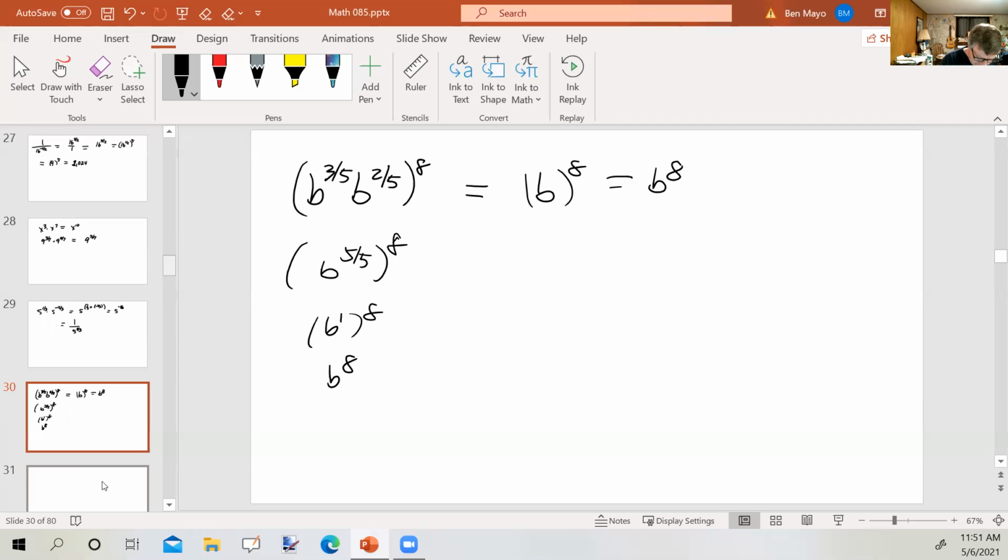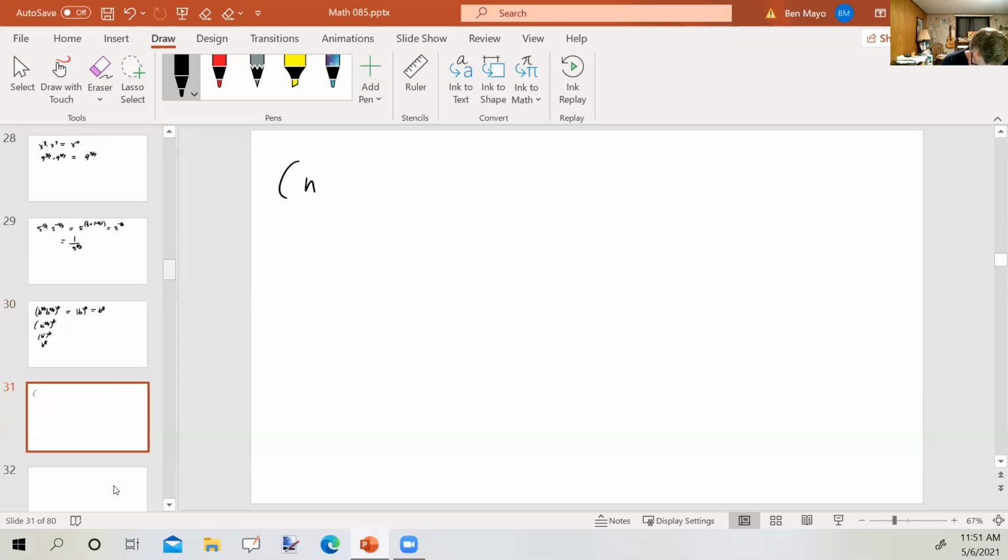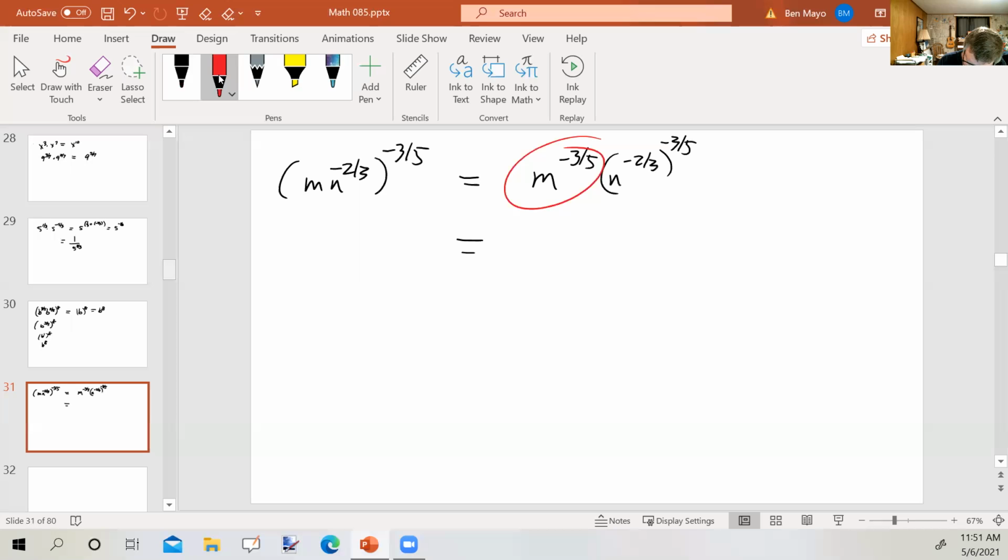Let's see here. m to the negative 3/5 power times n to the negative 2/3 power, all raised to the negative 3/5 power. So this first expression would become 1 over m to the 3/5.